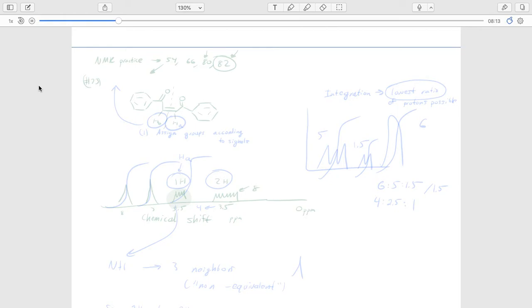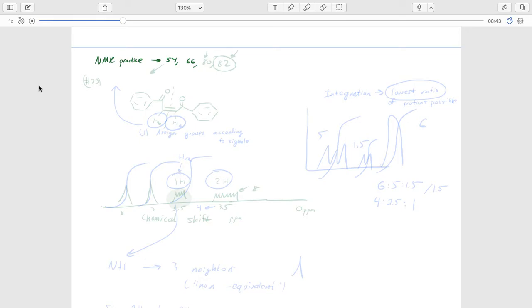So the problems that I would recommend doing for NMR practice, at least, are 54, 66.